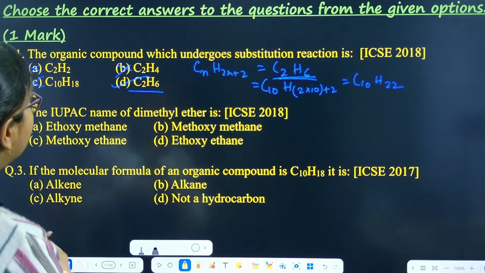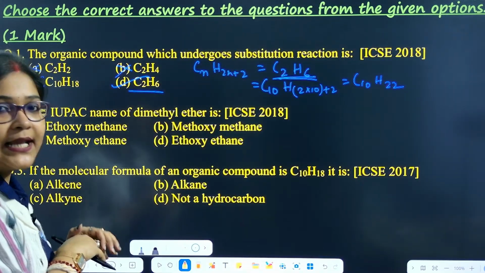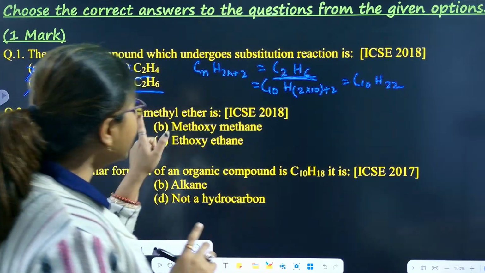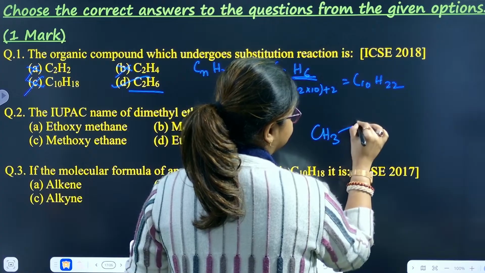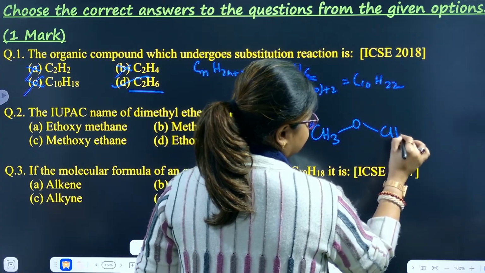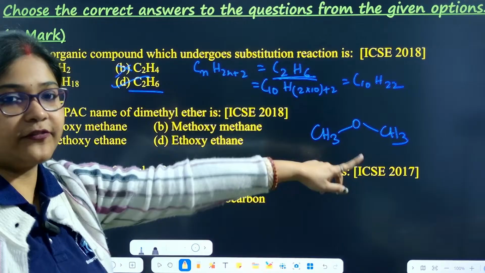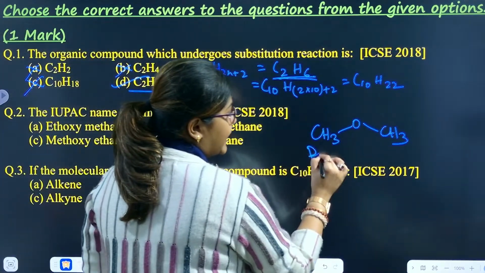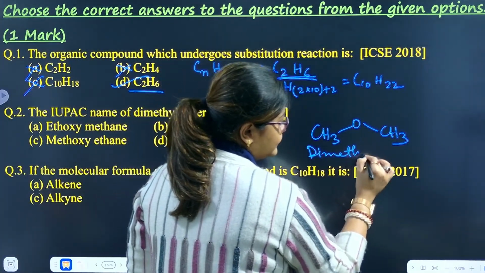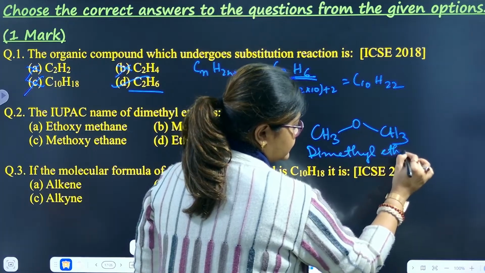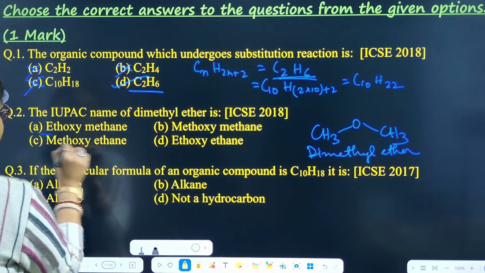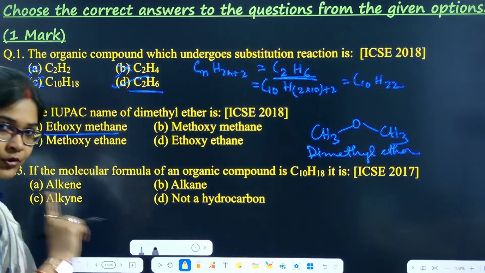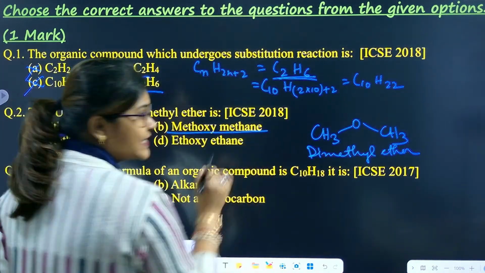Okay, the IUPAC name of dimethyl ether. Dimethyl ether. If I write this, it is. This is the formula of dimethyl ether. Okay. So, what are options? Ethoxymethane? No. Methoxymethane?